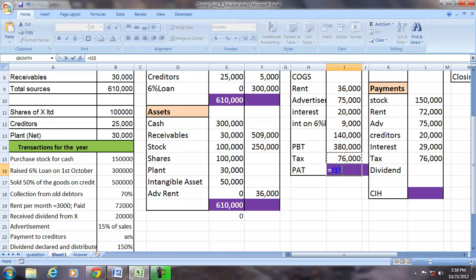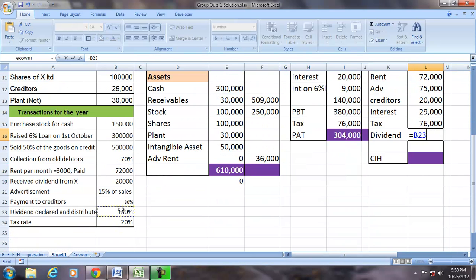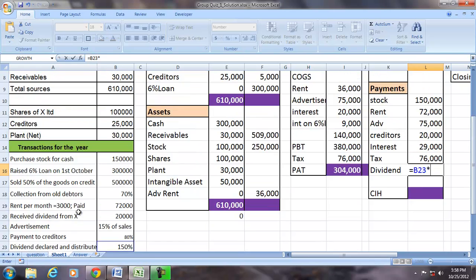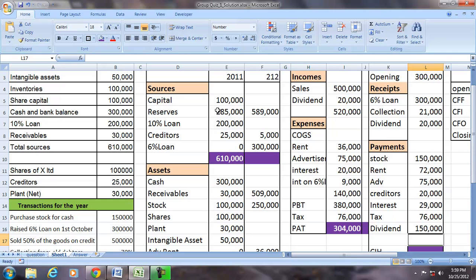So the profit after tax is 380 minus tax, 304,000, and we transfer that to the reserves. However, during the period there is a dividend distribution of 150% of capital. So the dividend is 150,000, and the reserves will go down to the extent of 150.